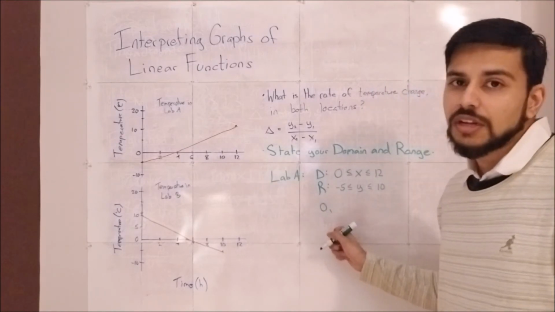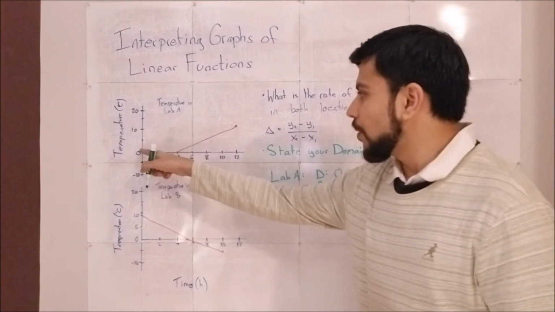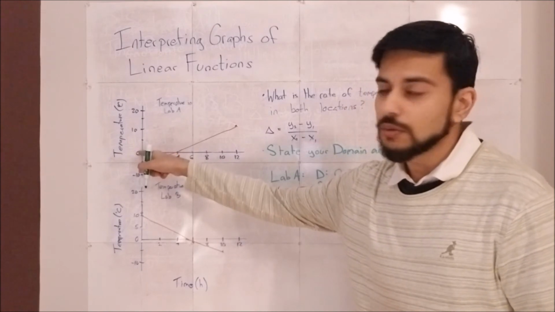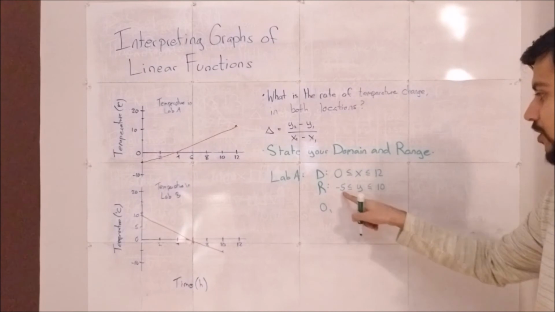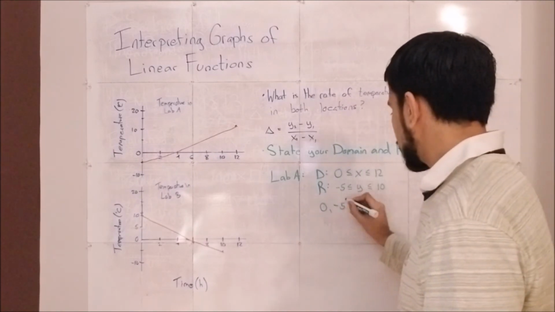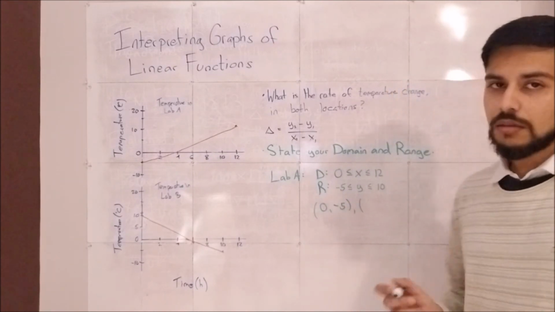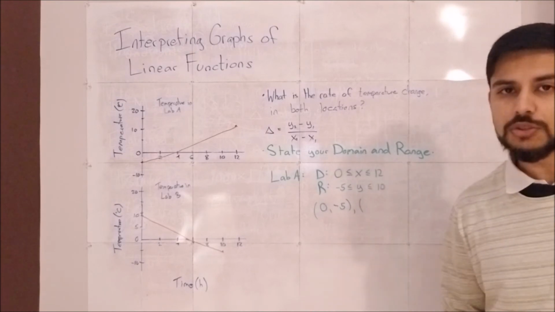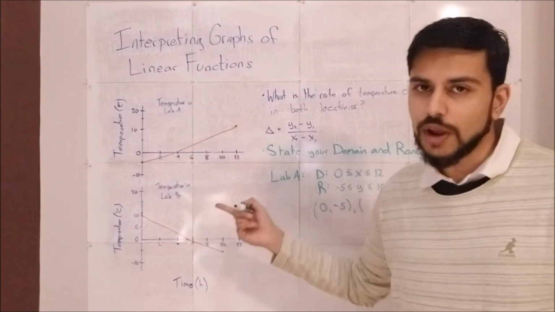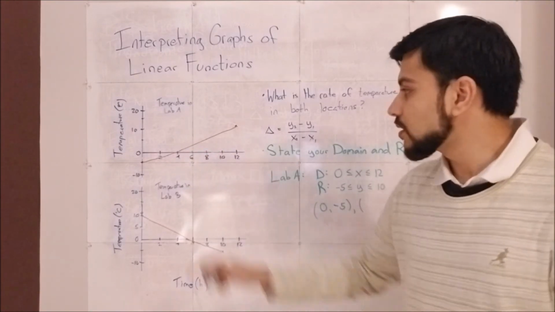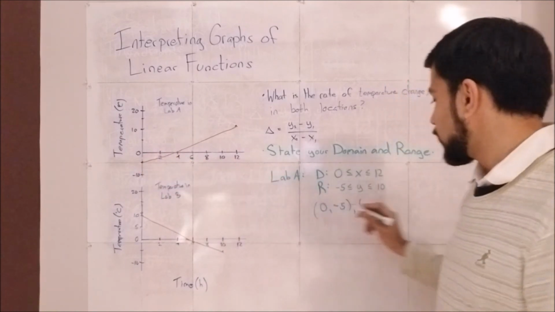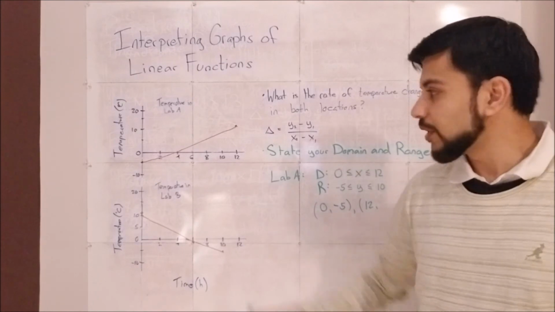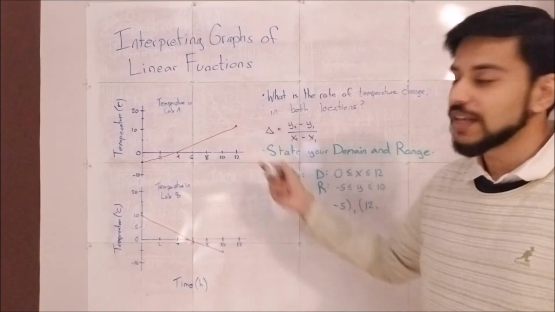My y-coordinate, so if I'm playing Battleship, what point lines up with 0? Well, there is only one, and we have that value listed in our range. It ends up being -5. That's my first point. My second point is combining my remaining two numbers. So if I use the graph though, because that's probably the smarter way of doing this, I find my furthest point in the other direction, which is 12, and the corresponding y value is 10.